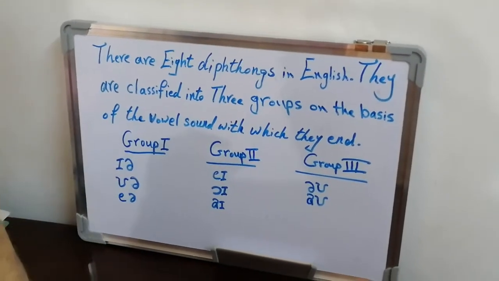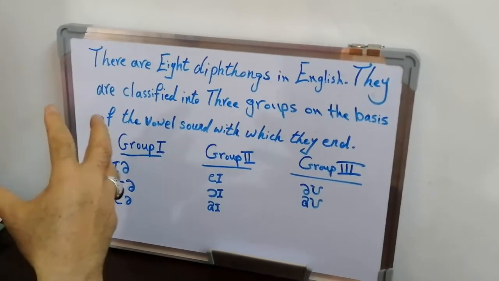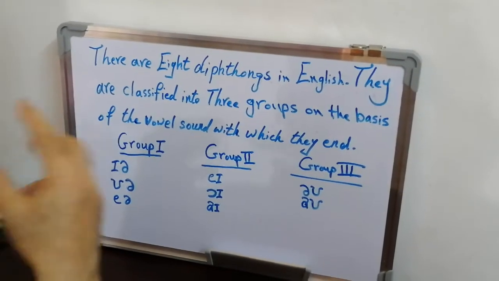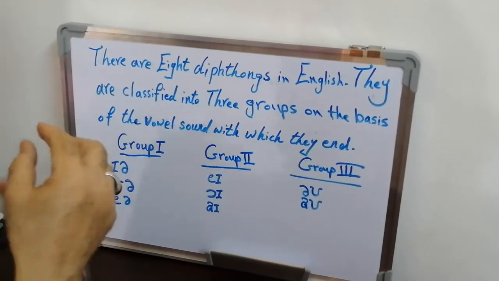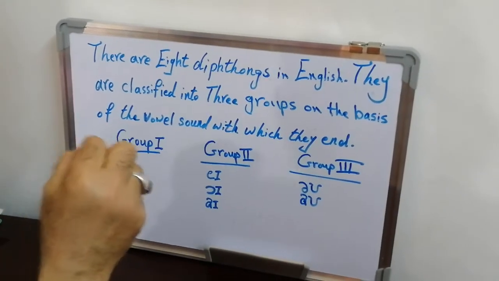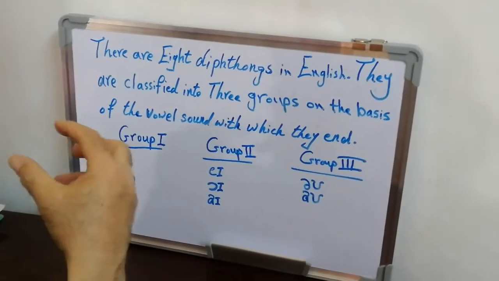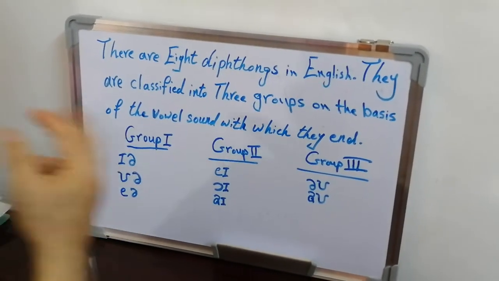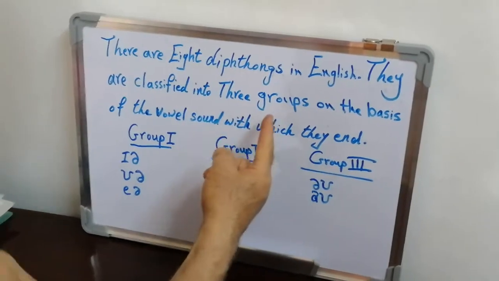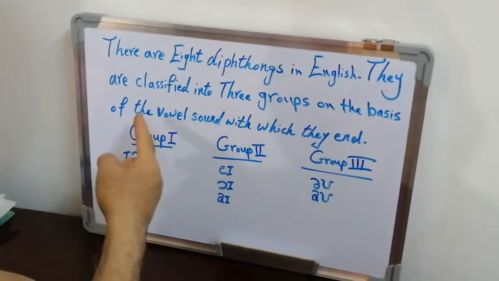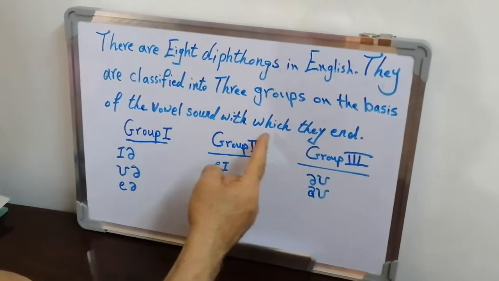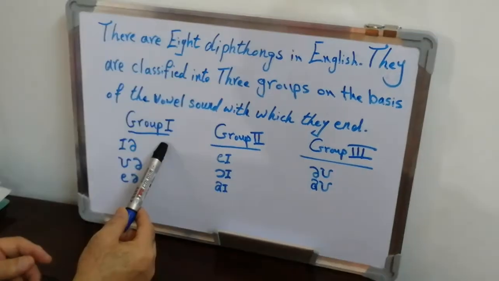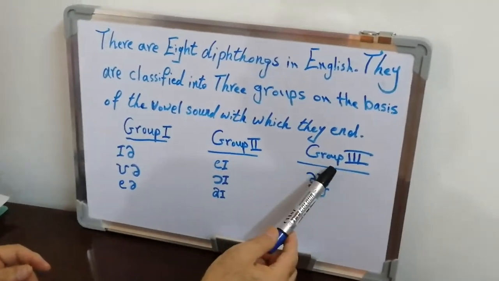The 8 diphthongs are classified into 3 groups. What is the basis on which they are grouped? The basis is the vowel sound with which they end. So as you can see here, group 1, group 2, group 3.